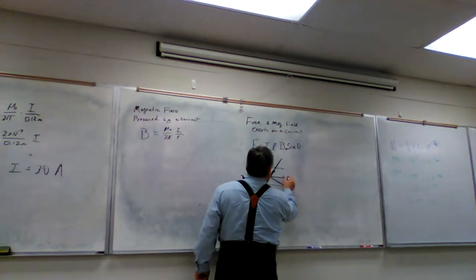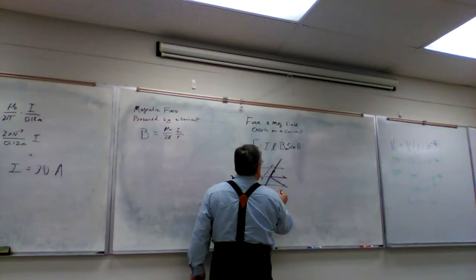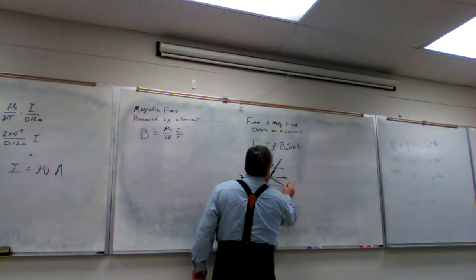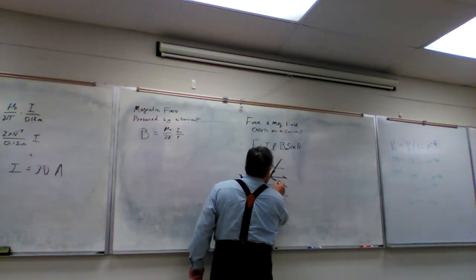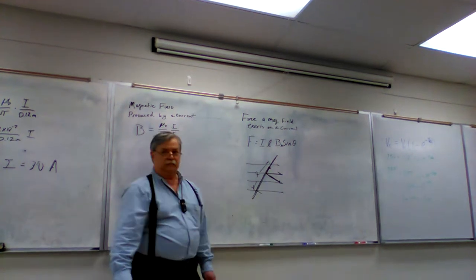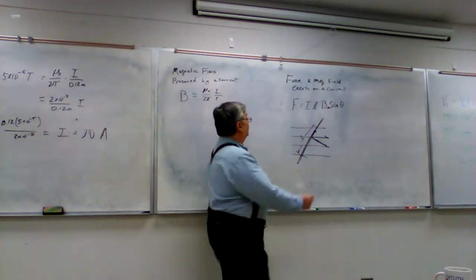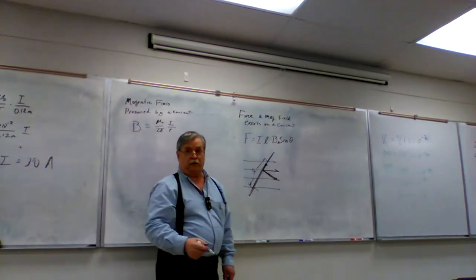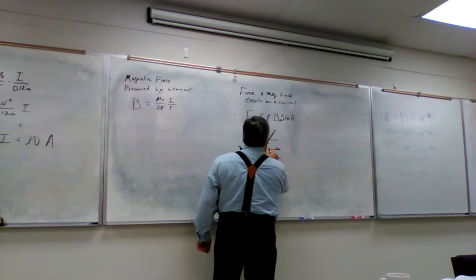If this is the magnetic field, what angle are we working with there? Well, this would be the perpendicular, the 90-degree component of this vector.